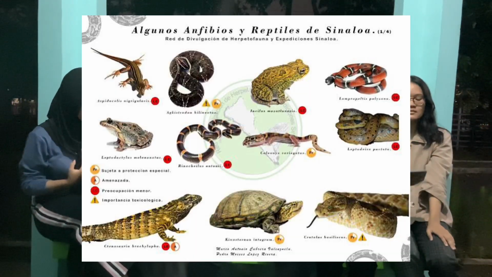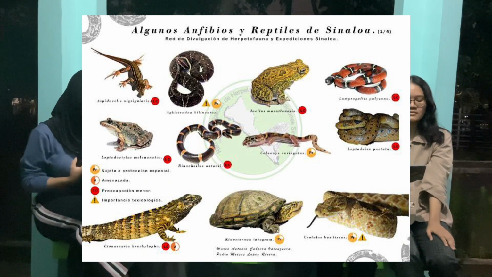Okay, next. For instance, amphibians and reptiles often benefit from temporary pools in cavities in megatrees, which are used as breeding sites.